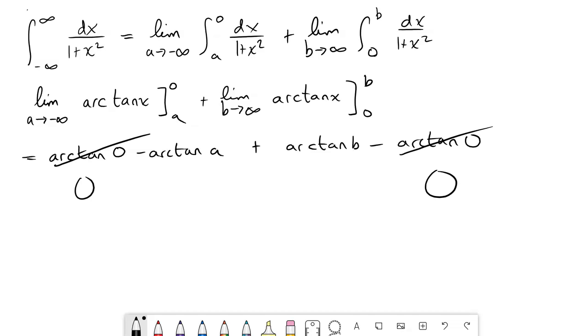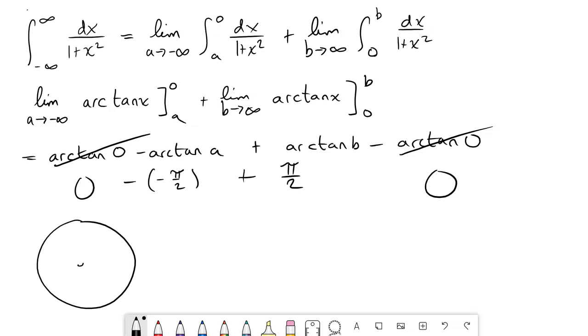Arctangent of 0 is simply 0, so these two go to 0. And then what are we left with? We are left with arctan of negative infinity, that is negative pi over 2, and then plus arctan of infinity, which is pi over 2. If you don't know that, take a look at a unit circle. The way I think about tangent values on a unit circle is thinking about this line that I drew right here as a slope.